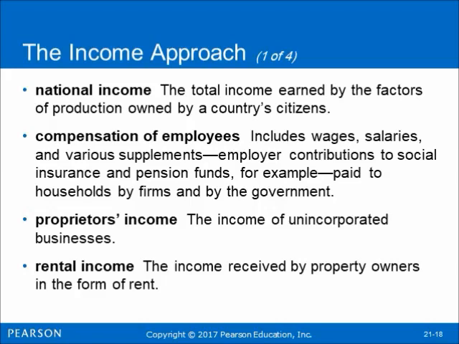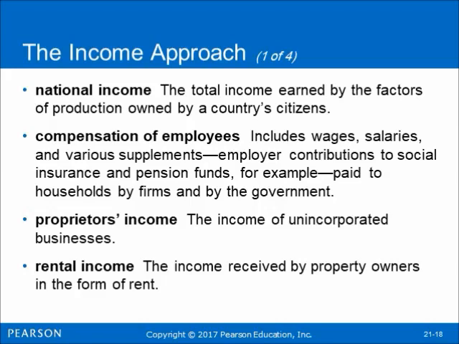Number one, compensation of employees. This is another name for wages, which includes wages, salaries, and various supplements, employer contributions to social insurance and pension funds, for example, paid to households by firms and by the government.